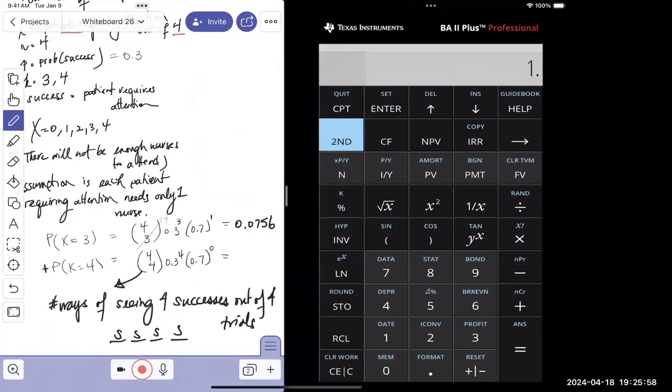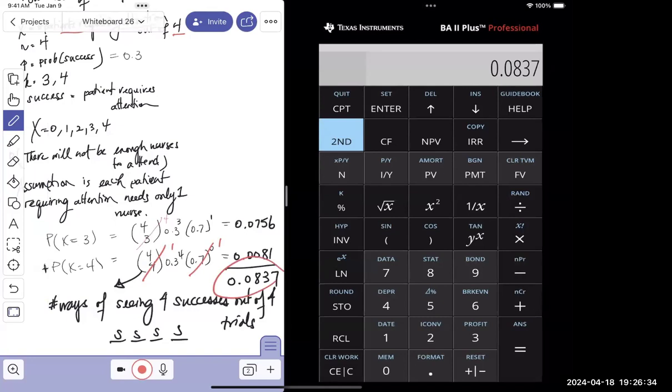So that will be 1. And then this will also be 1 because anything to the power of 0 is 1. So all I'm going to do is calculate 0.3 to the power 4. And I get 0.0081. And I add to it 0.0756. And I get the answer 0.0837.